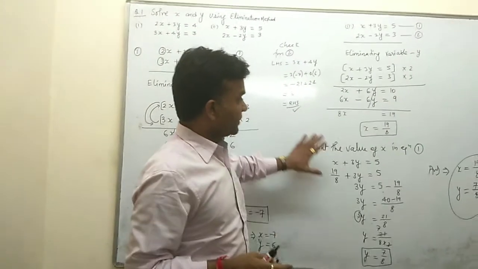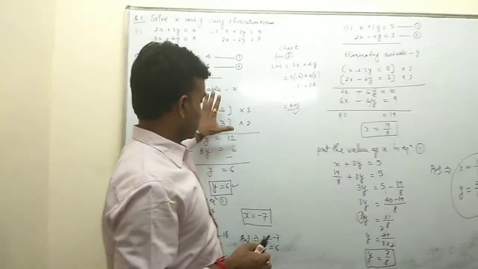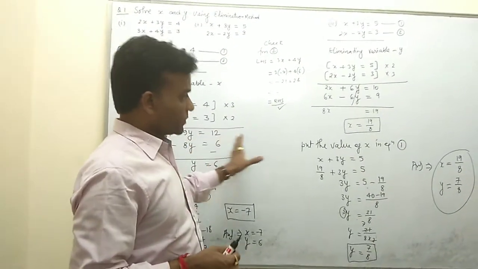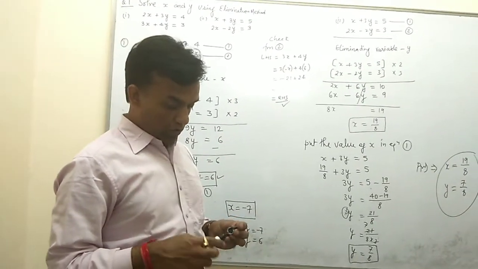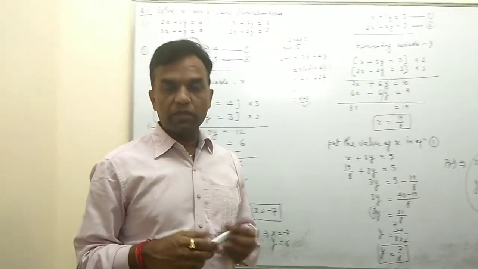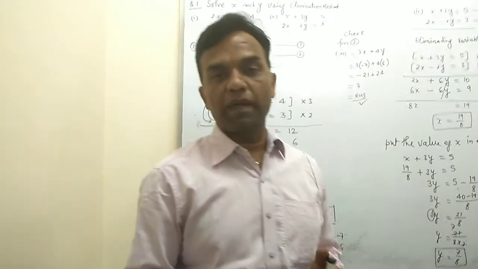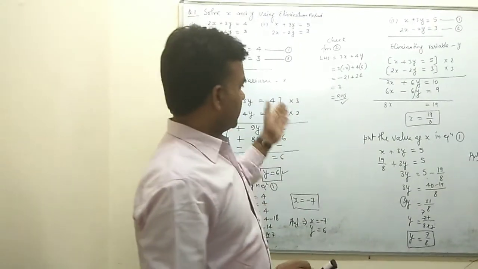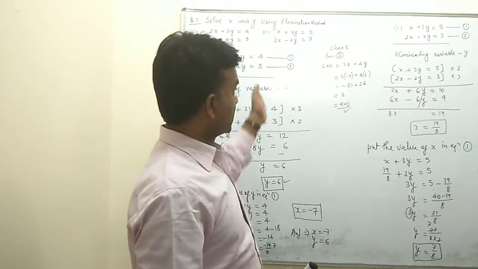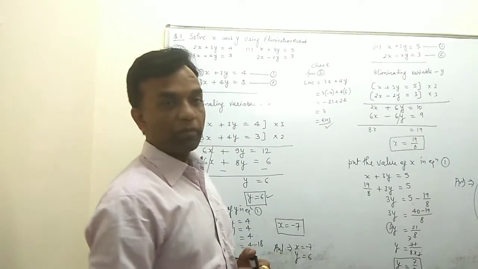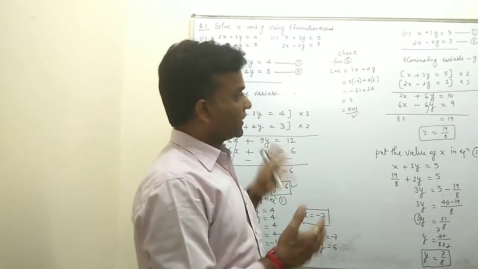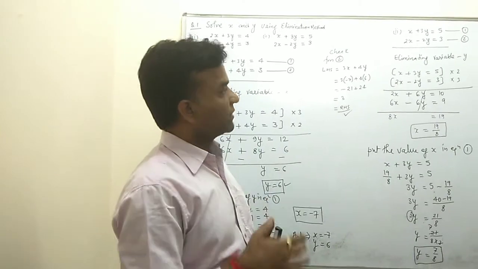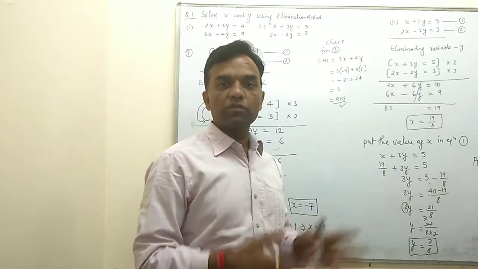So in both the examples, watch here and explain about the concept. So if you consider like substitution method and the elimination method, both are easy, but in examination, if compulsory you solve by the elimination method, then you apply this method, elimination method, or if you solve by the substitution, then only you use the substitution method.